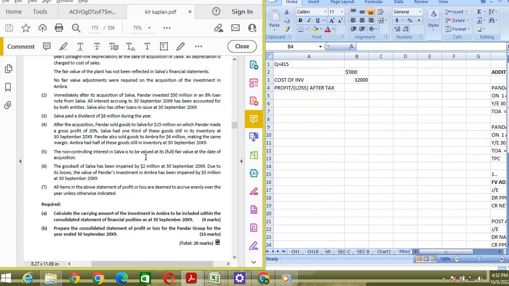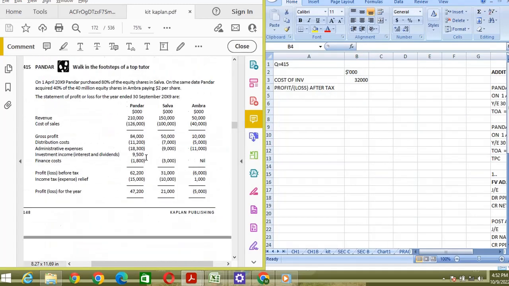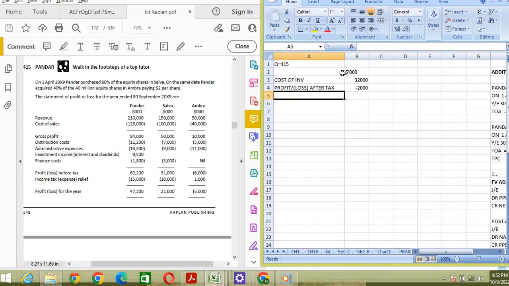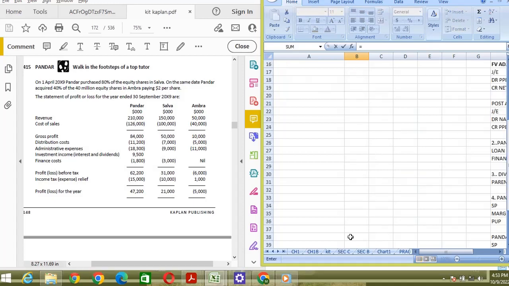Here we can see this information in the P&L of associates, that is the 5,000 loss. So the parent percentage is 40% into 5,000, which is 2,000. Then after that we will deduct impairment. Impairment is always given in the question.